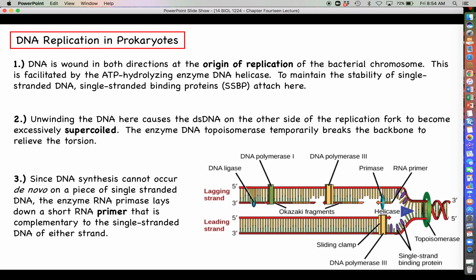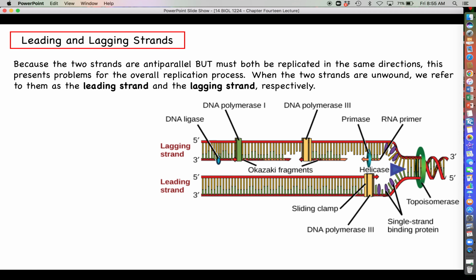So it will not bind to single-stranded DNA, which is just the template. It will only bind to the template DNA if there is a primer sitting on top of it. So this enzyme RNA primase actually lays down very short RNA-based primers on top of the template strand, and that's going to serve as the binding site for DNA polymerase to then add free nucleotides to the 3' end of the RNA primer so that we can use that as our jumping off point for extending and synthesizing DNA.